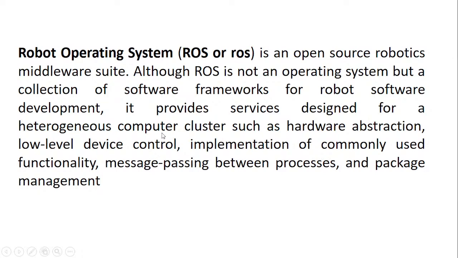Heterogeneous computers means they are different types of computers. So you can have an x86 architecture Windows system to run one part, and then you can have a Raspberry Pi or a Jetson board or Edison board, any type of single board computer that could be based on ARM architecture. That is a totally different architecture, and it could be running Linux OS.